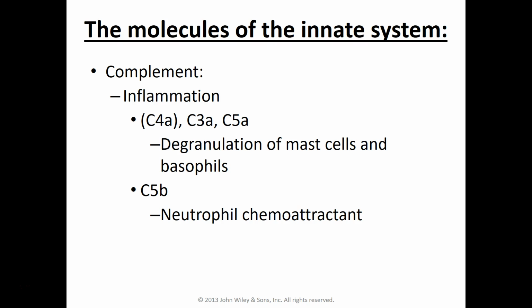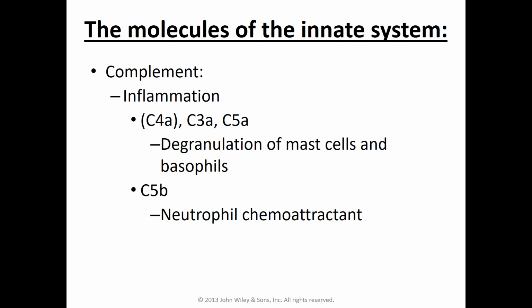So what are some of the important ones and why? So inflammation, right? Depending, because this is only involved in one of the pathways, C4a, C3a, C5a, right? These are parts of those proteins. These cause degranulation of mast cells and basophils.